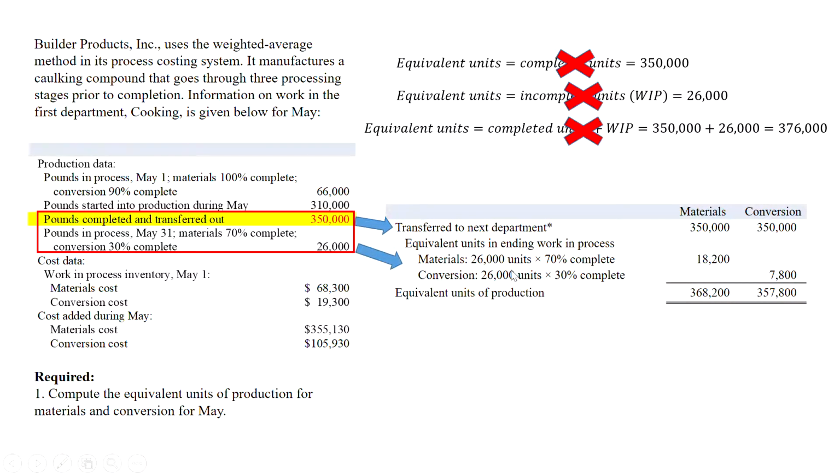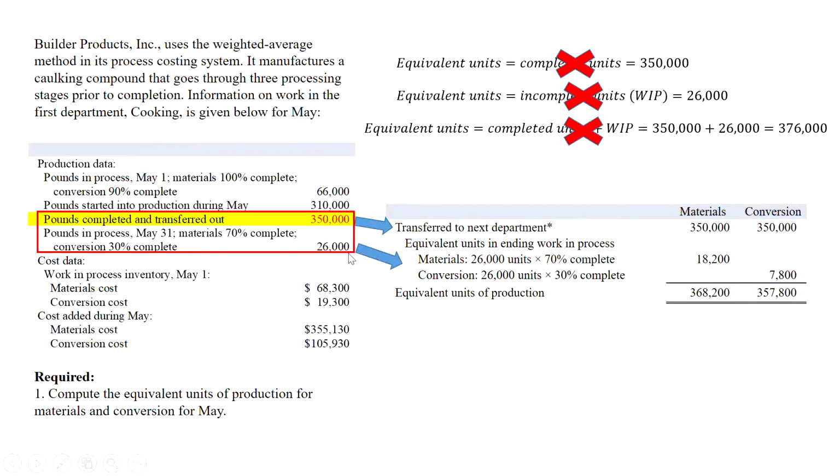For materials, that's 70% complete. So 70% times 26,000 is 18,200. I add that to the 350,000 completed and transferred to the next department, and I get total equivalent units of production for material only of 368,200.